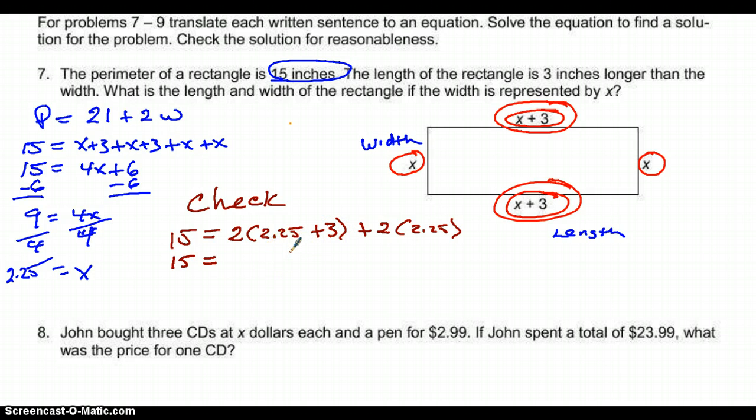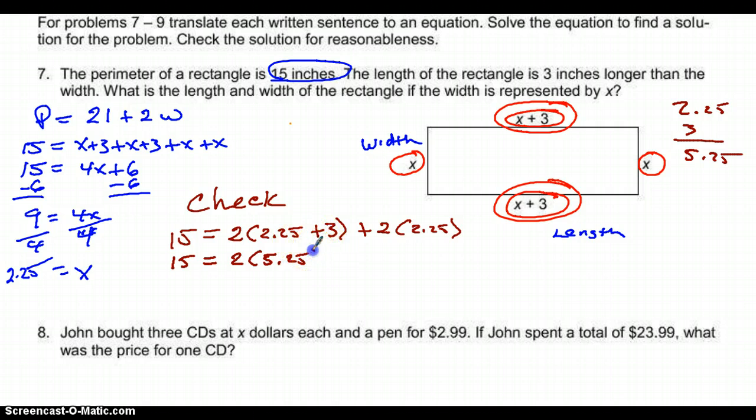So let me make sure you see what I'm doing. I am taking 2.25 and adding it to 3, and that's going to give me 5.25. So all the way here, now I'm going to take 2 and multiply that by 5.25.